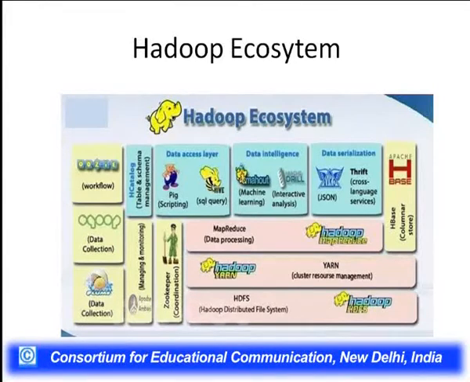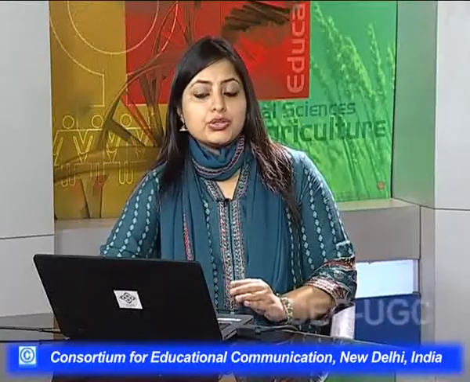Then there is YARN, which is for management of the Hadoop cluster because you have multiple machines. Hadoop also provides Hadoop MapReduce, which is for processing applications in a parallel manner. Then you have Apache HBase, which is for column storage and is also a storage solution.